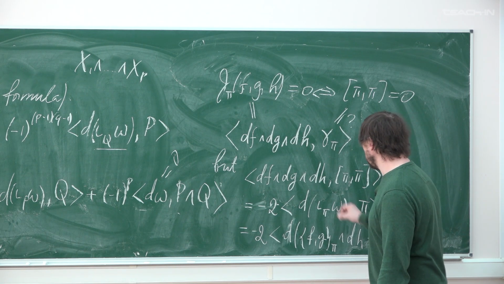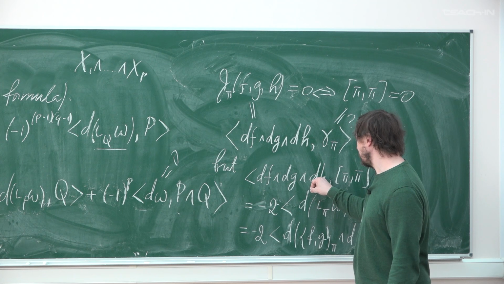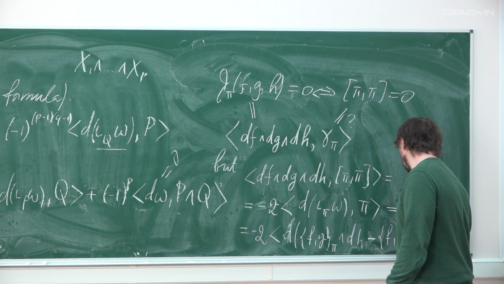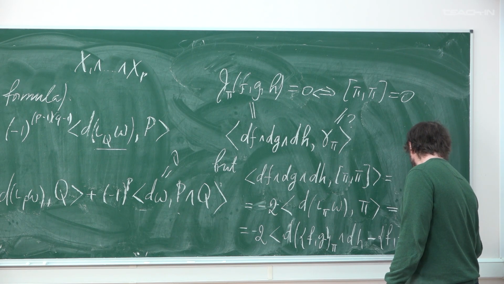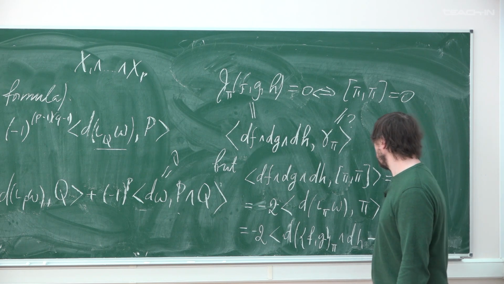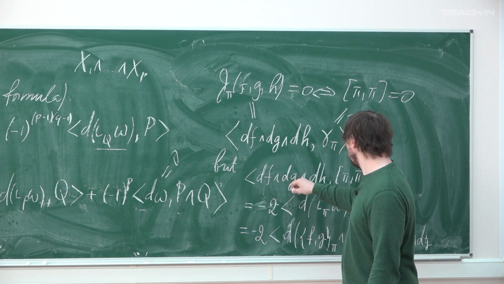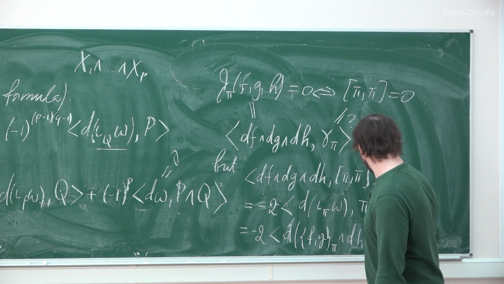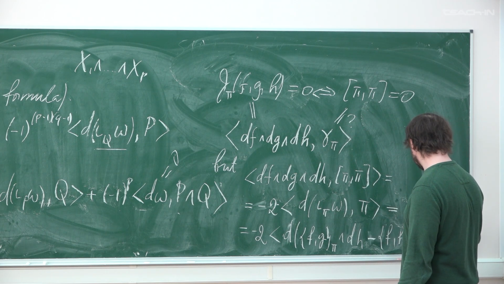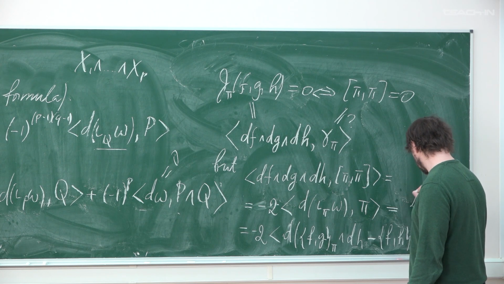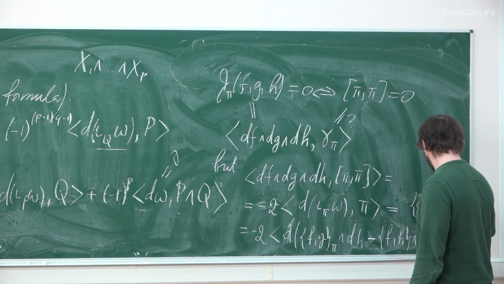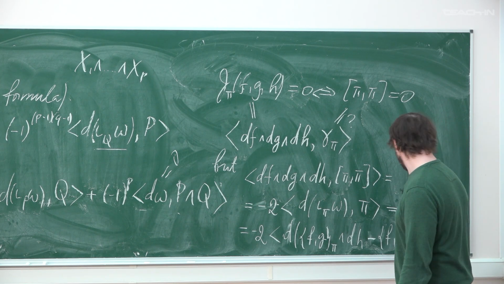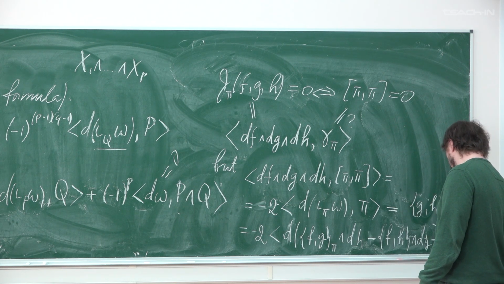Then, if you permute dg and dh, you get minus the bracket of f and h wedge dg. And finally, if you permute df with dg and dh, you get plus again the bracket of g and h wedge df. Here it is. And you pair it with pi.